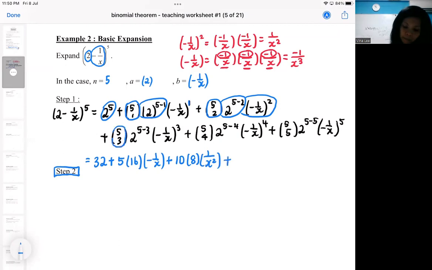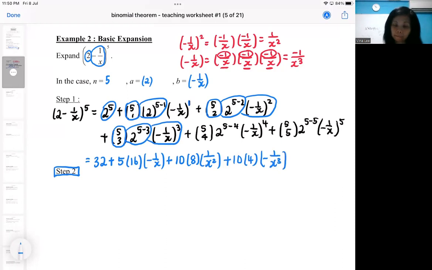Punch out again. Punch out again. And this is an odd power. Punch out again. Punch out again. Be very systematic. And this is an even power.